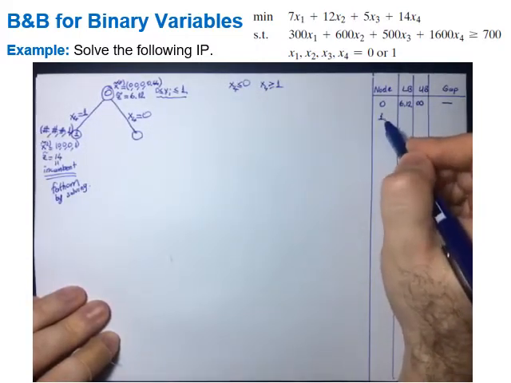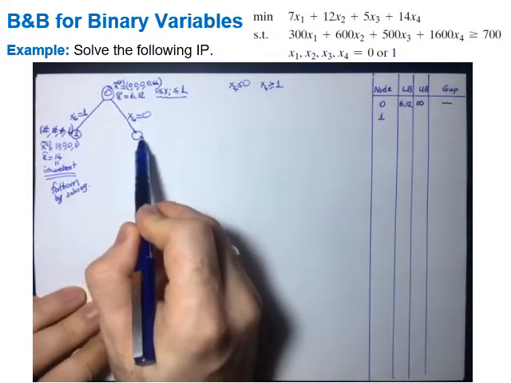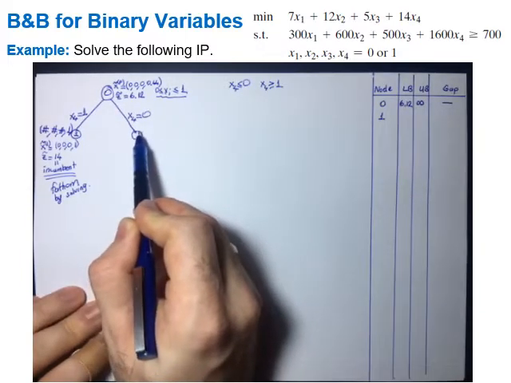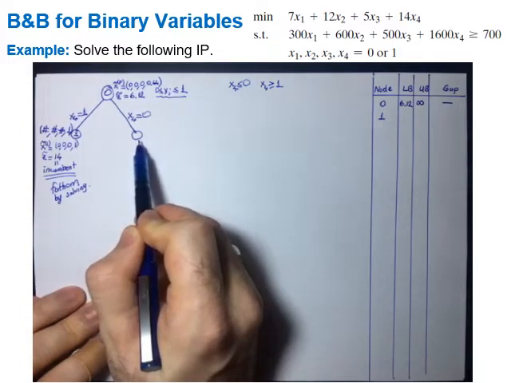In node 1, what is the lower bound? Remember, the lower bound is the best possible value that you can obtain from this branch and bound search. And the lower bound comes from the unexplored nodes. Okay, this node is unexplored. And what is the best possible value that you can obtain from this unexplored node?